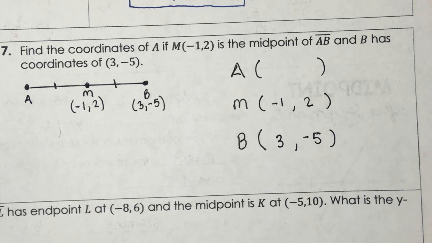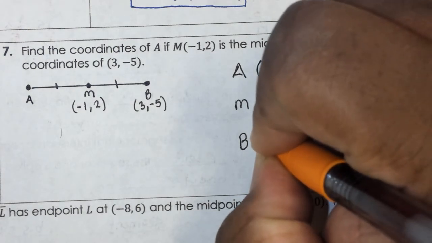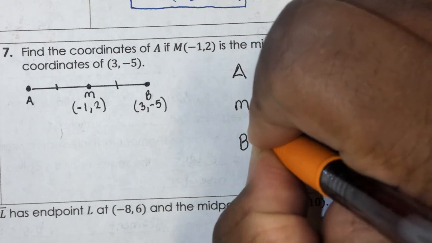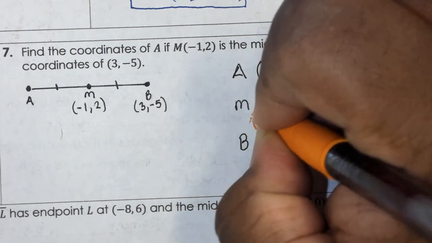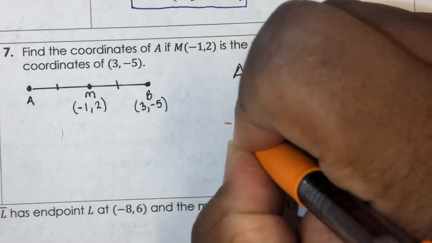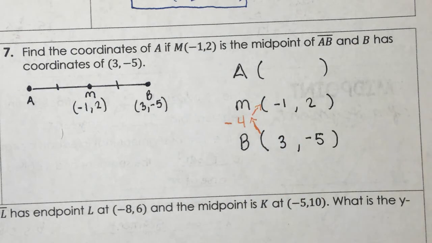I think we should be in agreement that it is 4 spaces. But like I said, I'm moving in a negative direction. So I'm going from here to here, and I'm moving -4. From 3 to -1, I went -4 spaces.